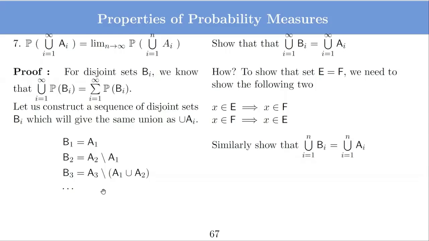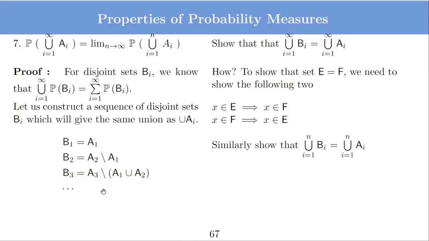So if it is in Ai, then of course it will also be in the union of Ai, because the union of Ai is made from all elements of Ai. That is one side.